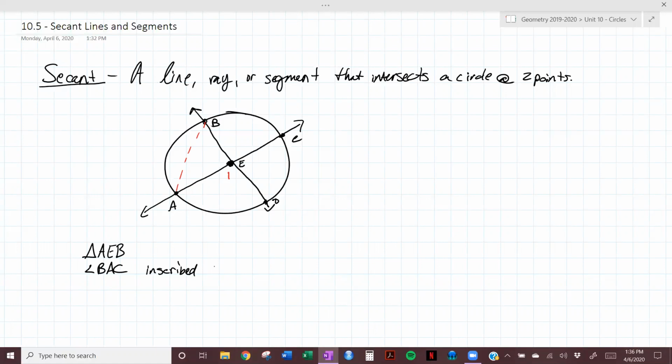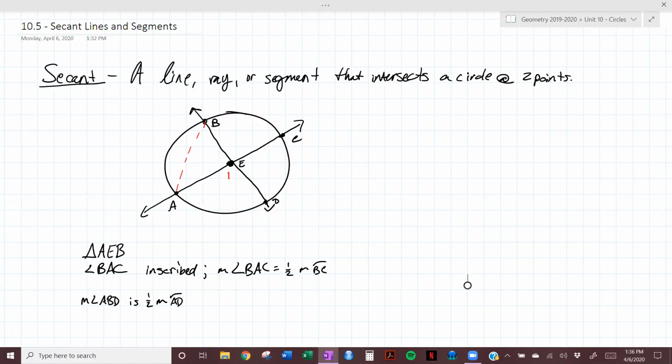So the measurement of angle BAC is 1/2 the measurement of arc BC. And then we know the same thing about ABD. So the measurement of angle ABD is 1/2 the measurement of the arc AD, okay?